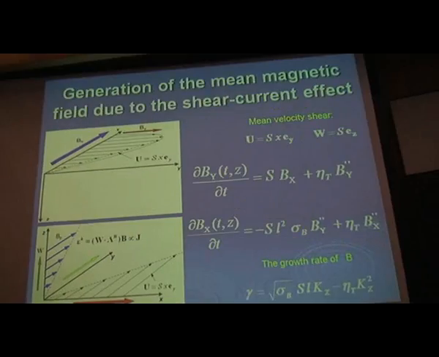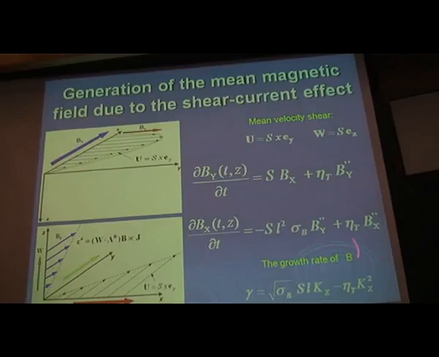And in the language of equations, let's consider a very simple setup. Velocity in the y direction, so background vorticity in the z direction. The first equation, for the y component, is the following. This shear stretching of the Bx component produces the y component.